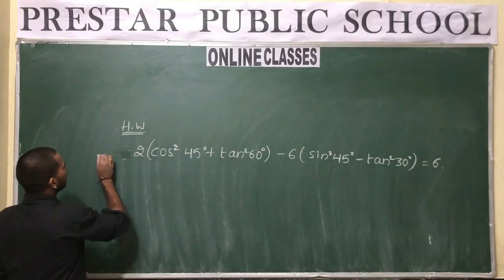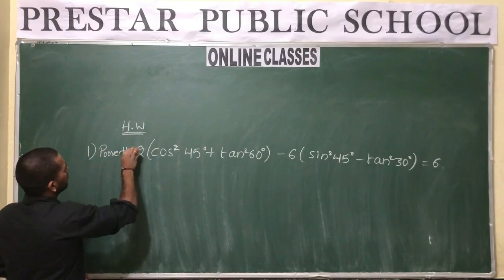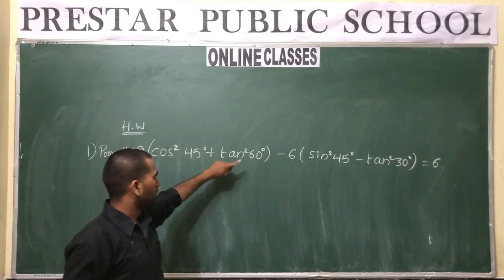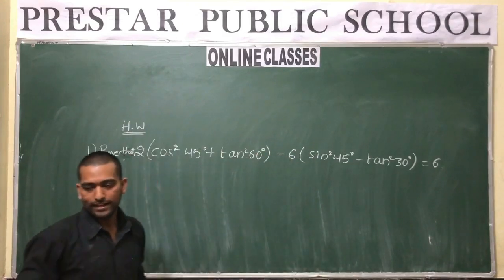You have to prove it. Prove that 2 cos square 45 plus tan square 60 minus 6 sin square 45 minus tan square 30 is 6.